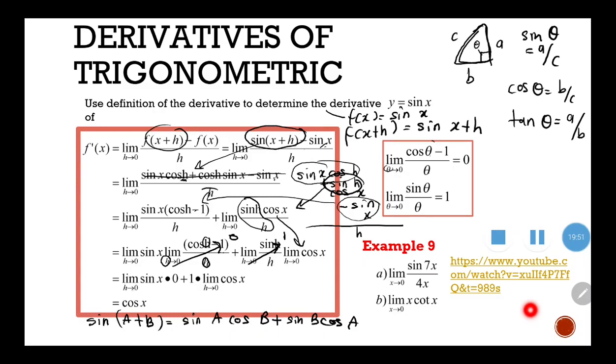Okay, so the limit as h approaches 0 for sin x times 0, plus the limit as h approaches 0 for cos x times 1. If you try to solve this here, the answer should be 0.